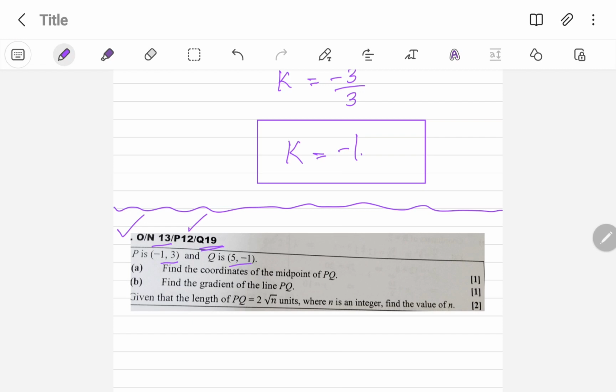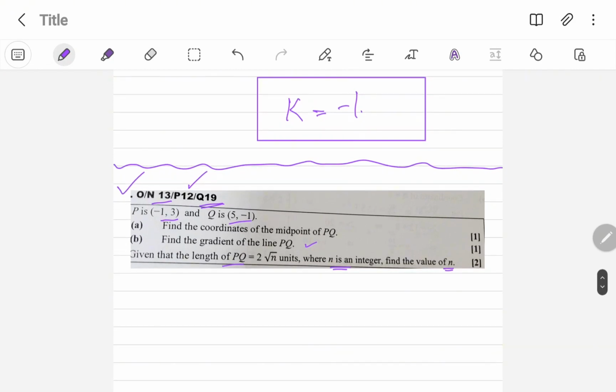Find the coordinates of the midpoint of PQ. Find the gradient of line PQ. Given that the length of line PQ is 2 root n units, where n is an integer, find the value of n. This is the statement of the question.